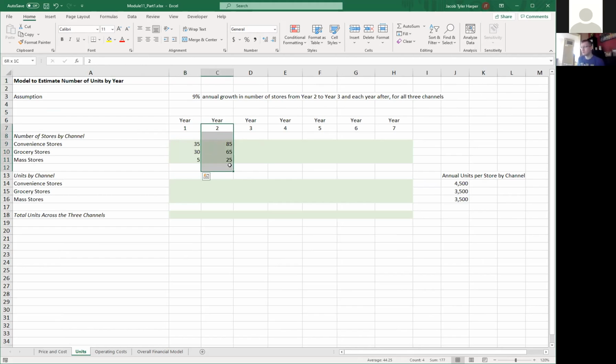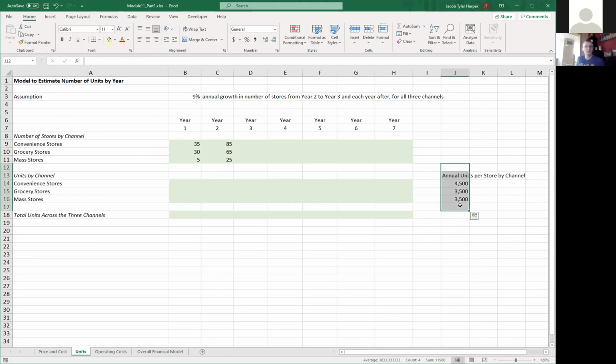And maybe we have some contracts for next year's stores. But starting in year 2, we are going to make the prediction that the amount of stores that are going to carry our product is going to increase by about 9% a year. And this means we're going to get weird decimal numbers for the amount of stores, but that's okay. We just want to have a nice, smooth projection. It's just an estimate about the future, not the actual amount of stores.